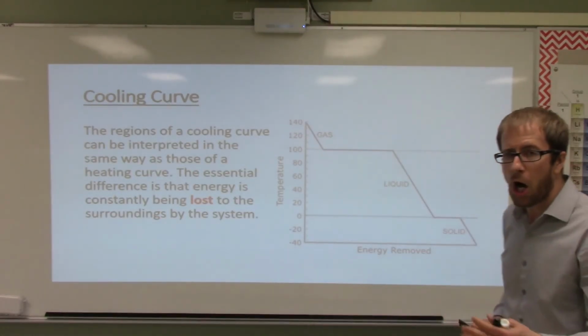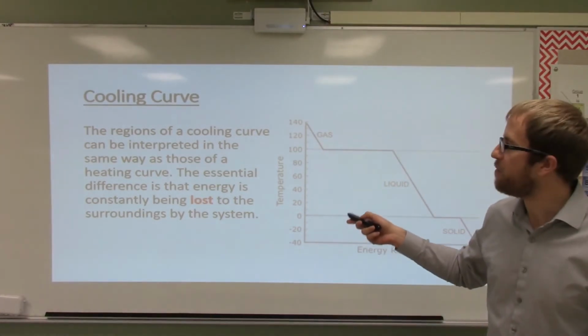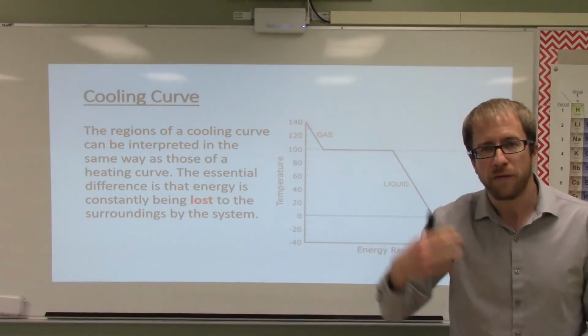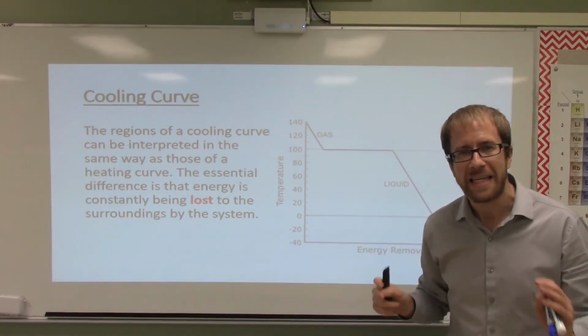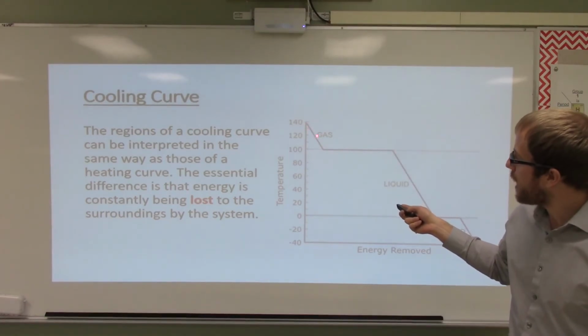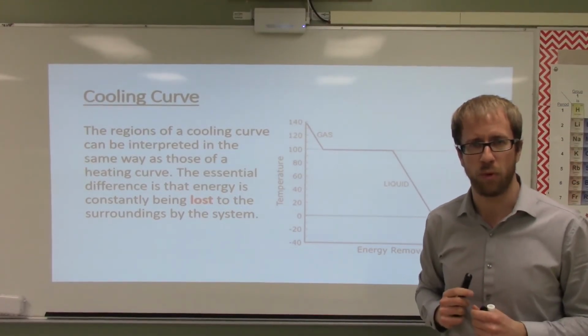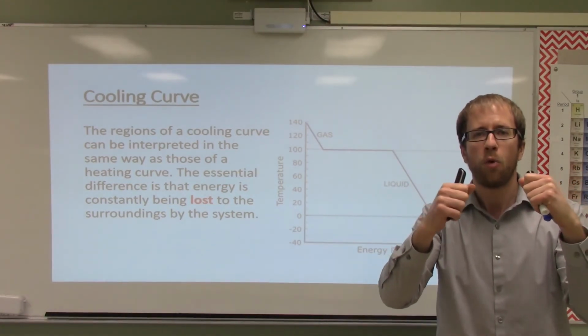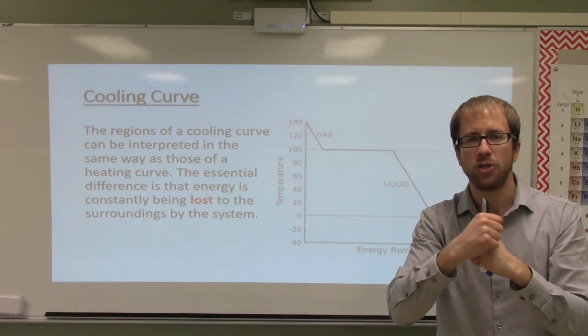Cooling curves are the opposite, right? We start off with some very hot steam. As we remove energy from the system, we are cooling it down, and it will cool down until it hits that condensing point. And at the condensing point, the particles are now moving slow enough where they can start to form new interactions.